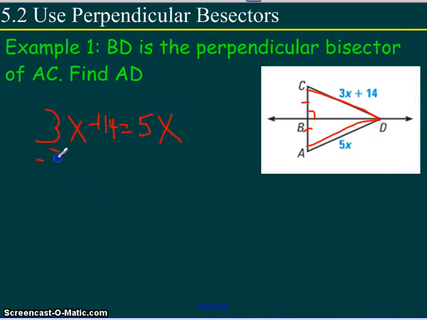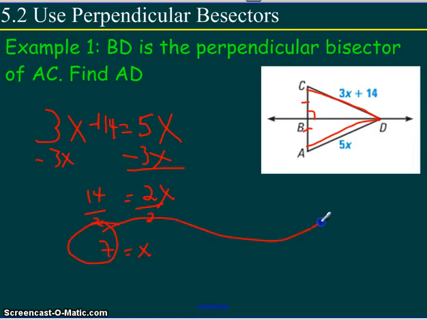I'm going to subtract the 3x from both sides, and that gives me 2x is equal to 14. When we divide by 2, x is equal to 7. If we want to know the length of AD, then we plug that back in for x. So 7 times 5 would be 35. Also, without plugging it back into the top one, CD, I would know that it would equal 35 also.